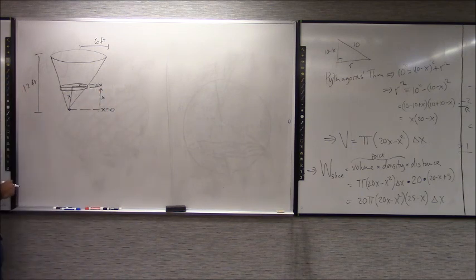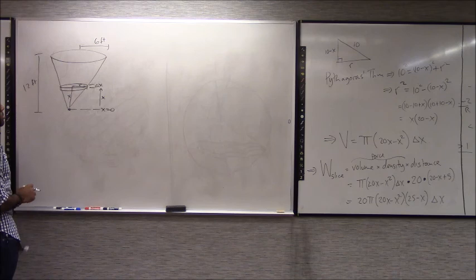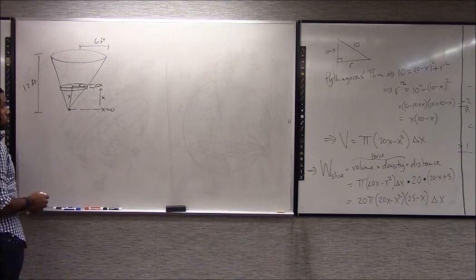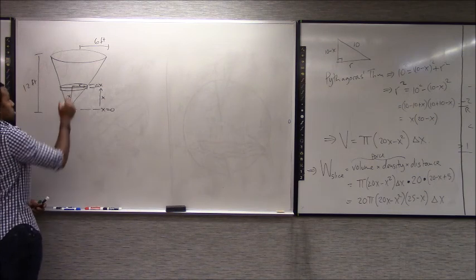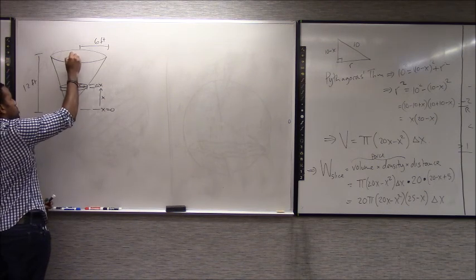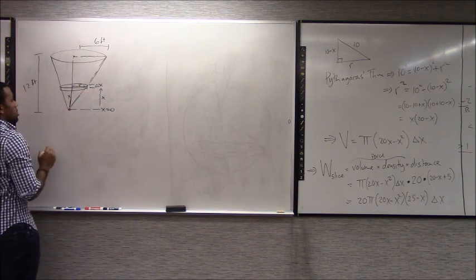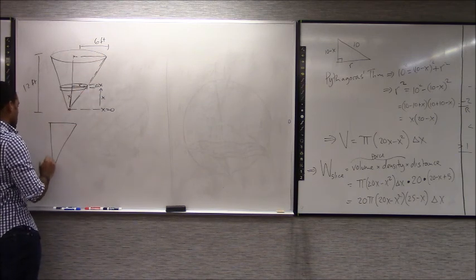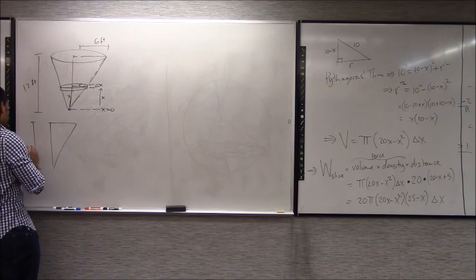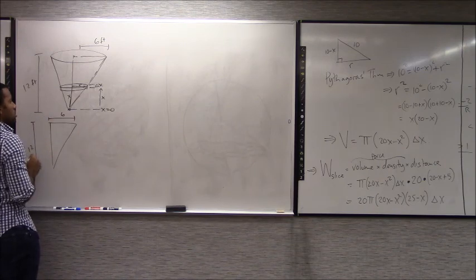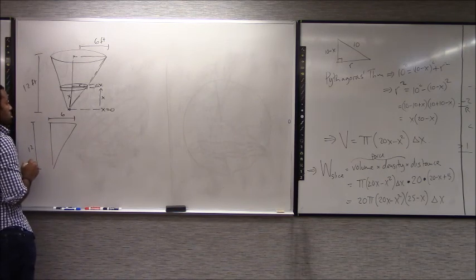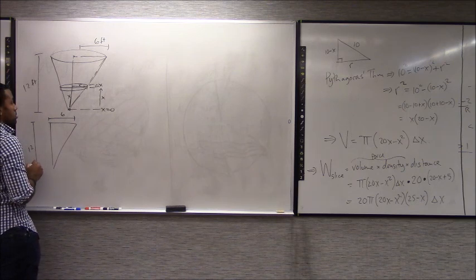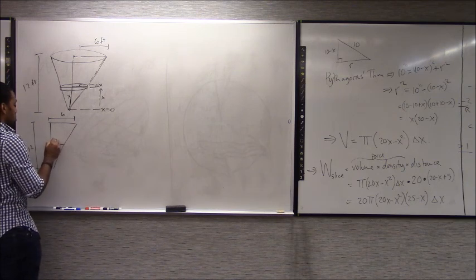Yeah, and then we set up 2 triangles, one with the entire cone, so it has a height of 12 and a radius of 6. And then another triangle with r, and x is the height.